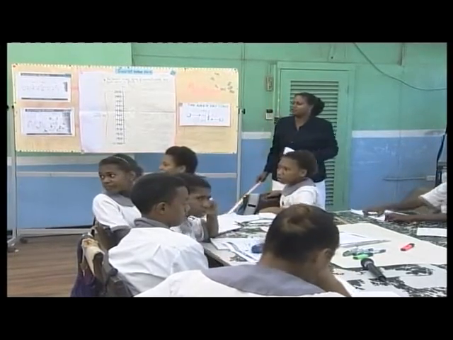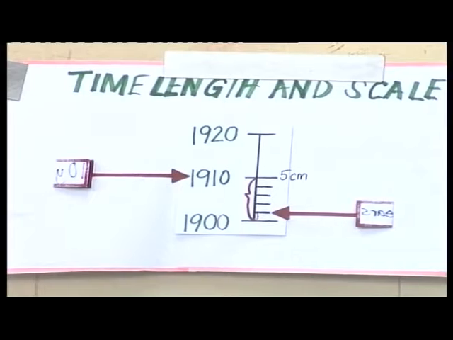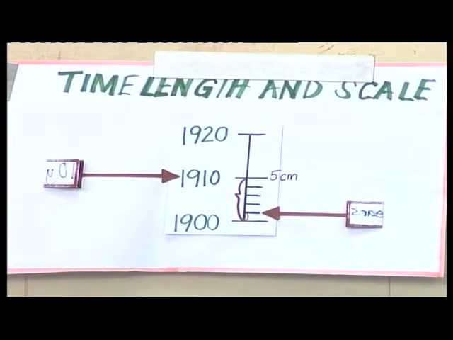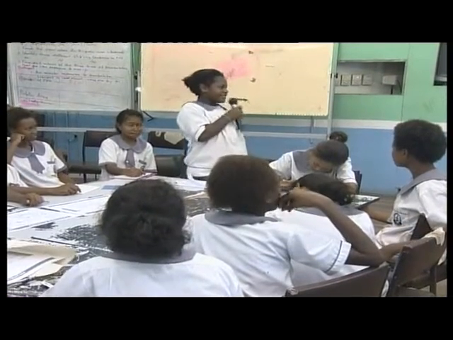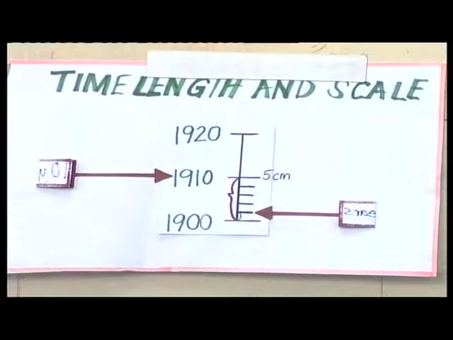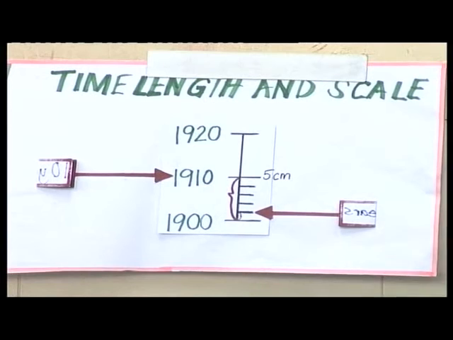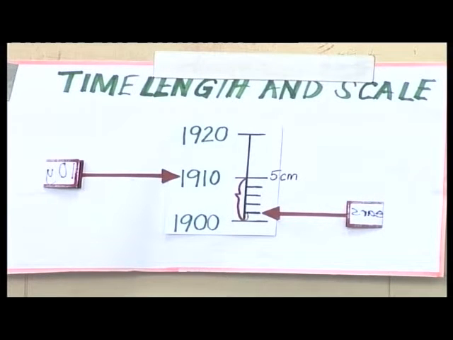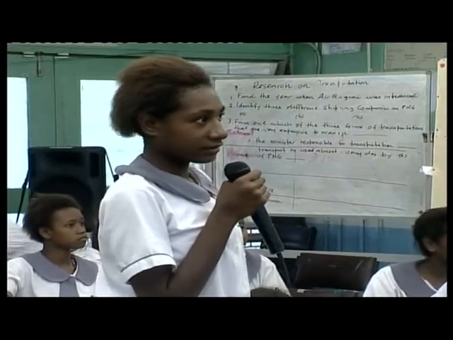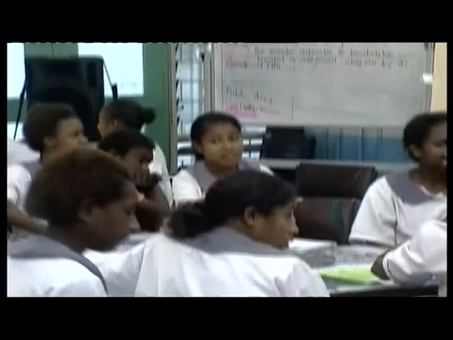Milika, group 2. 2 years. 2 years, good try. My question is, how many centimeters? Yes, Dulcie. Let's have Dulcie. 1 centimeter. 1 centimeter, very good.